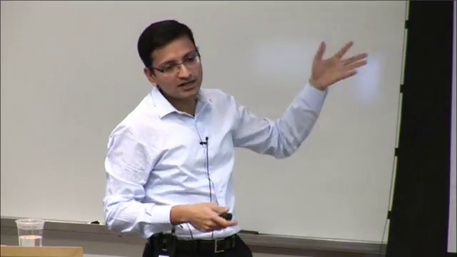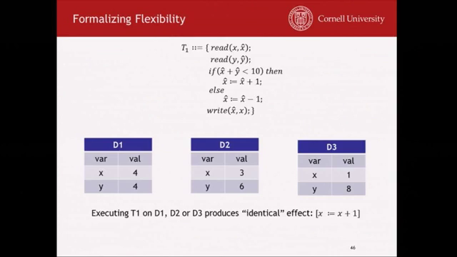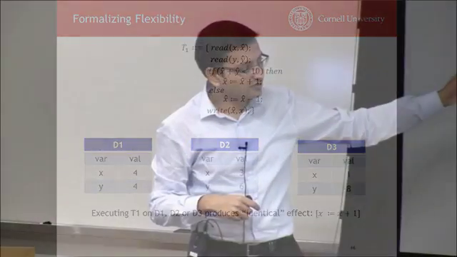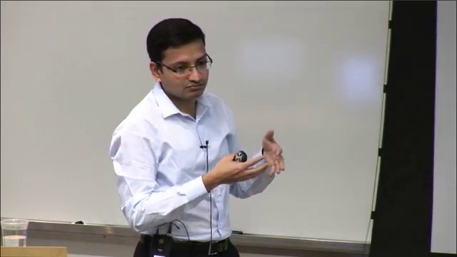Let us try to formalize this notion of flexibility a bit more. Assume that we have these 3 database states. These 3 all have different values of x and y, and yet, from this transaction's perspective, if you execute the transaction on each of these database states, it is going to produce an identical effect, the effect being increment x by 1. How can we represent concisely this entire set of database states?